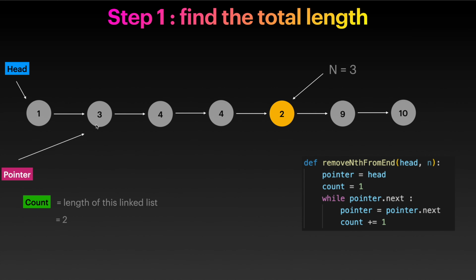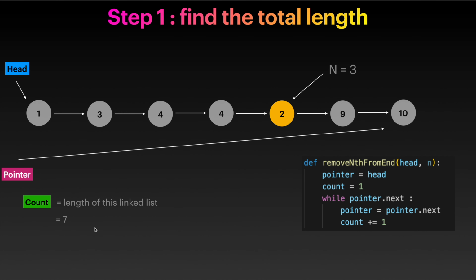So here our count will be 2, because pointer.next is this node, and when pointer equals pointer.next, the pointer refers to this node. We keep doing this until we are at the last node. There, pointer.next is none, so we exit the while loop. That gives us the total length of this linked list, and in this case it is 7.